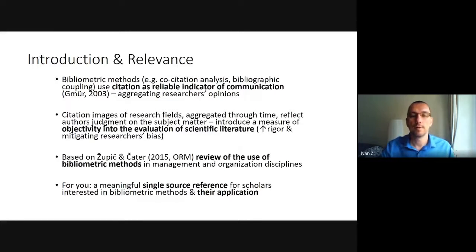A lot of this presentation is based on my Organizational Research Methods article, Bibliometric Methods in Management and Organizations. It aims to be a single source reference for bibliometric studies.